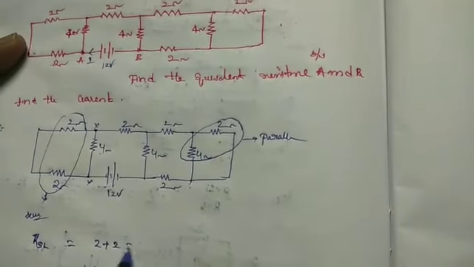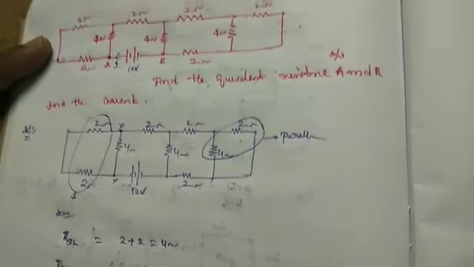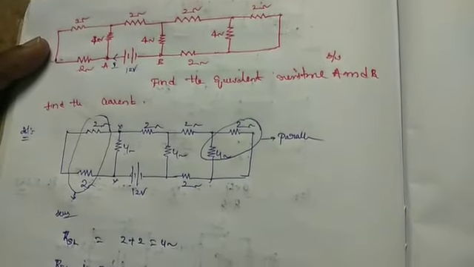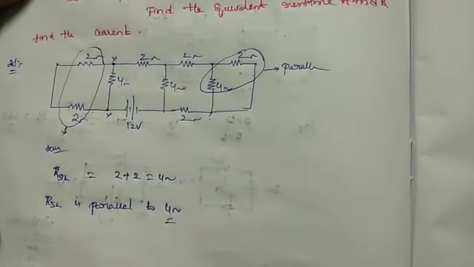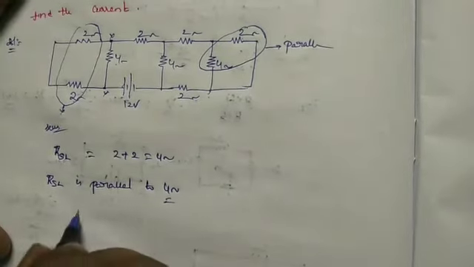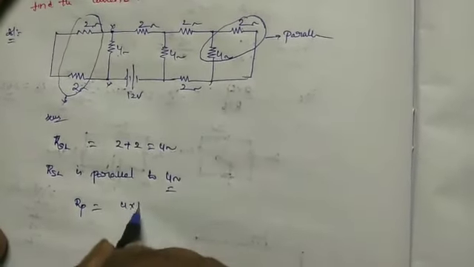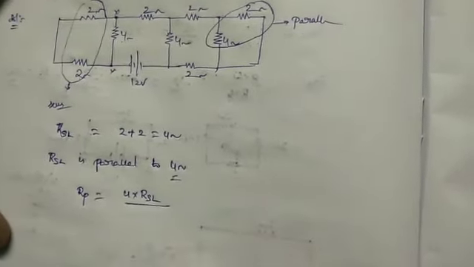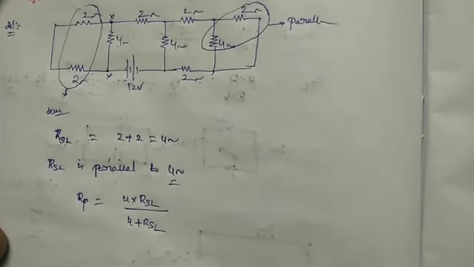2 plus 2, 4 ohms, and RSL is parallel to 4 ohms. So that's why we can go with RP equals 4 into RSL by 4 plus RSL.